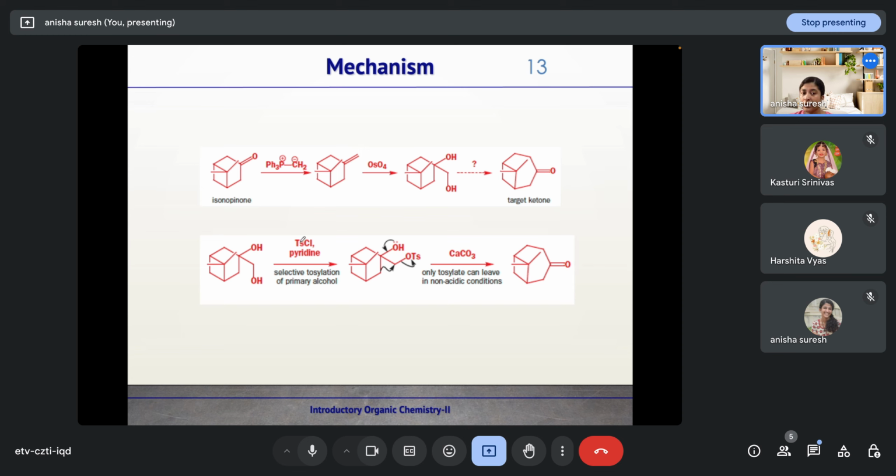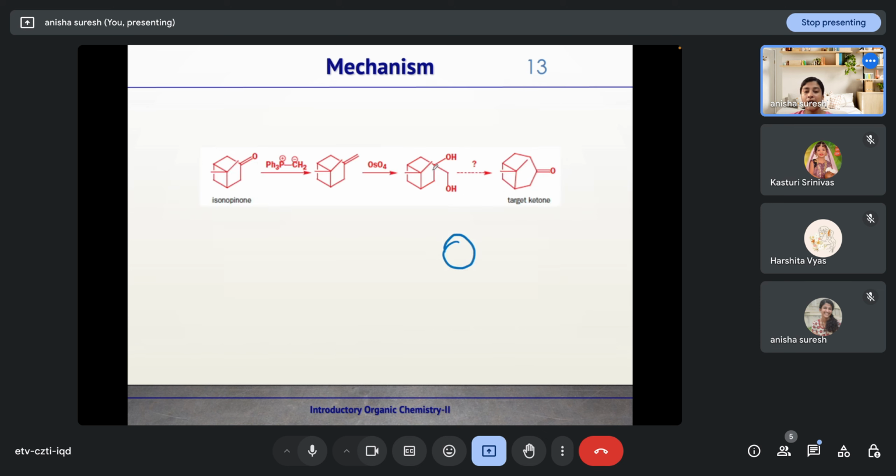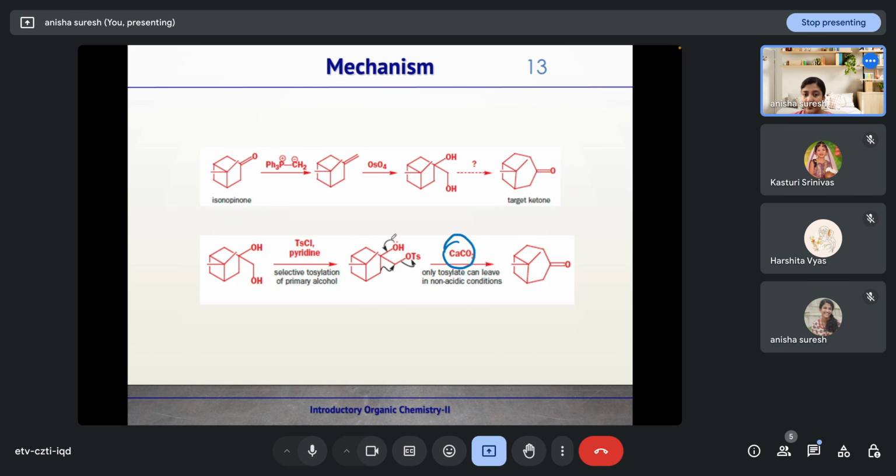Upon treating with tosyl chloride and pyridine, we will get selective tosylation of the primary alcohol. Then we treat with a mild base like CaCO3, maybe here they have forgotten to give that reagent. Then this lone pair on the alcohol will shift here, this bond will break and it will shift, leading to elimination of tosyl, and we will get this ring expanded product.